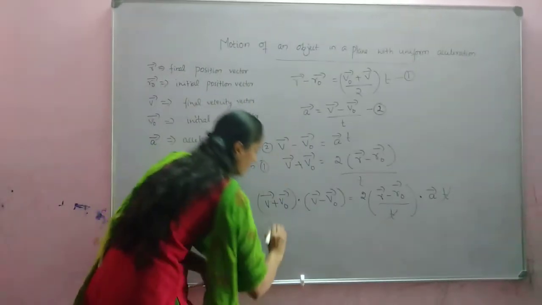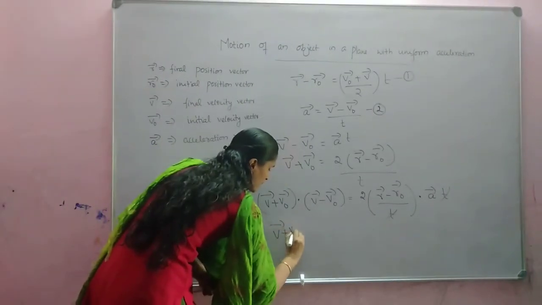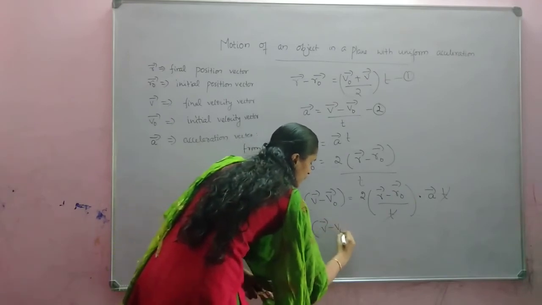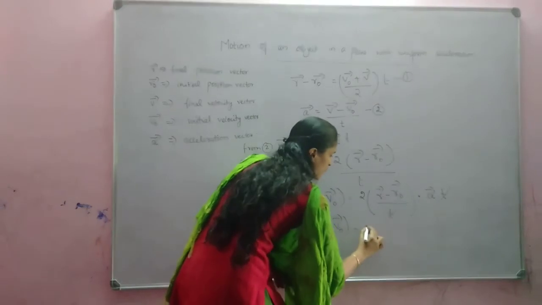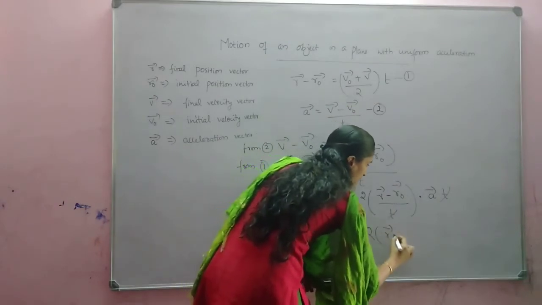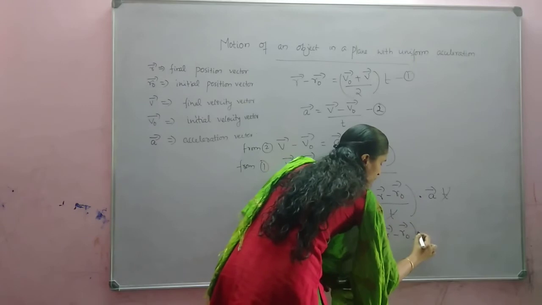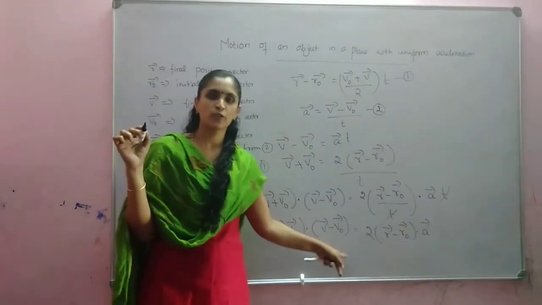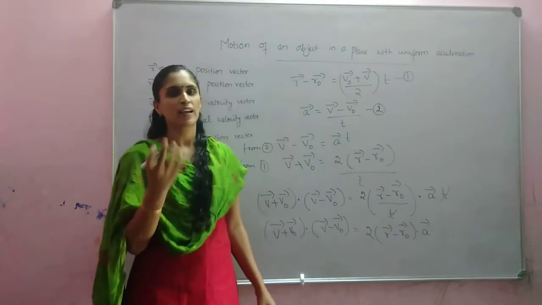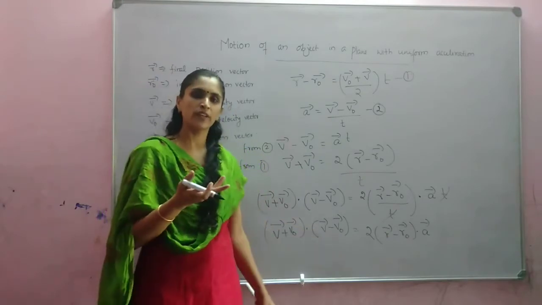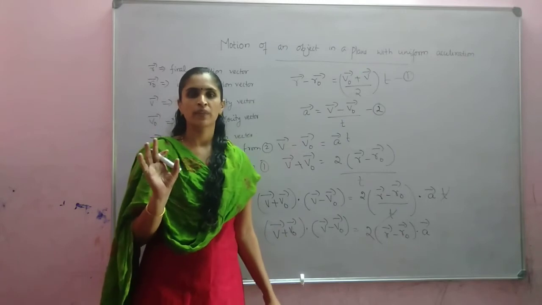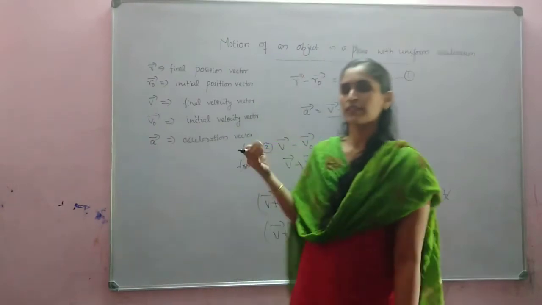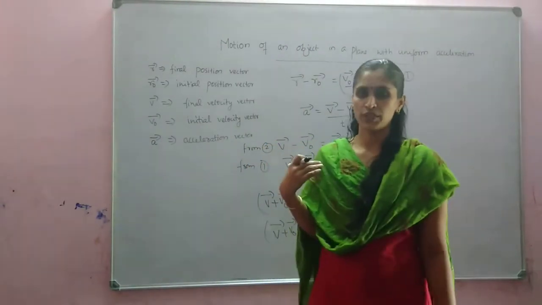So here we can write v plus v0 dot v minus v0 is equal to 2 into r minus r0 dot a. So this is also similar to v square minus u square equal to 2as. Here no need of writing in components, because when you do the scalar product you will get the component form. Okay. Here it is not a vector, so no need of representing in components. Okay. Next we will discuss projectile motion. Okay.